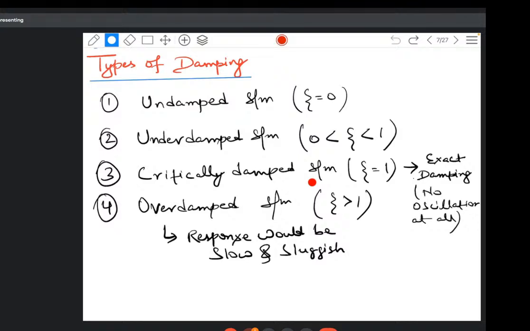So if you provide the damping after then also, the response will become sluggish in nature. That is, the response will become very slow and sluggish in nature.